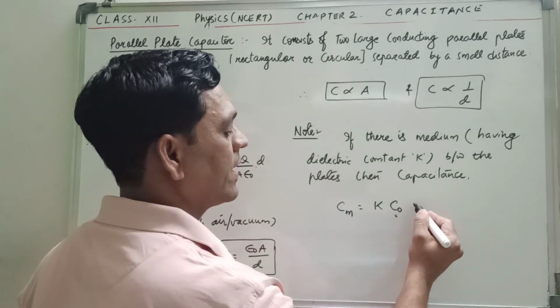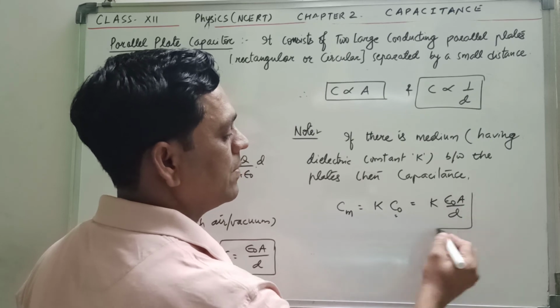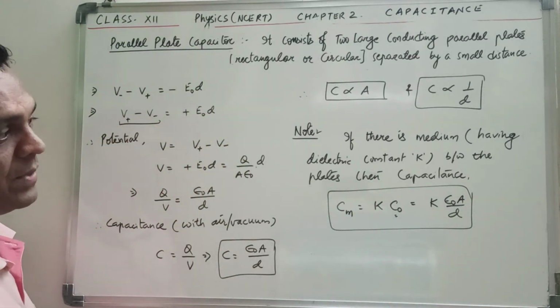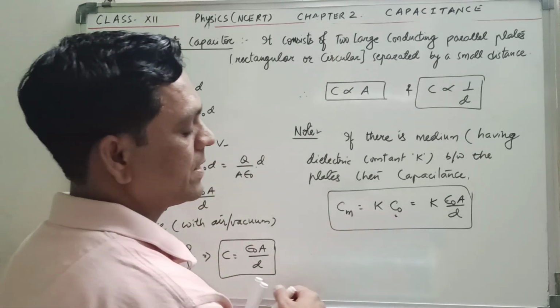Correct? This is for vacuum we have written. So this becomes K into epsilon 0 A upon d. So always remember, if a dielectric medium is filled between the plates completely, then the capacitance will become this one.